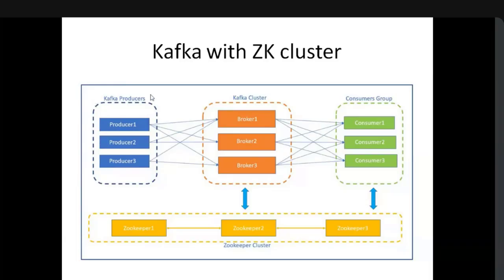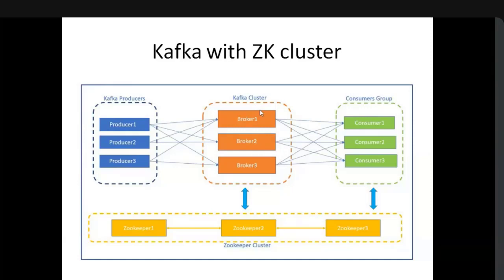Kafka producers will produce the data, that data will go to the Kafka cluster, and on the other side of this cluster we have consumers which will consume the data from the Kafka cluster. So this is fine. Now on the bottom side we can see there is a zookeeper. So basically zookeeper interacts with the Kafka cluster and it interacts with consumers. Zookeeper hardly interacts with the producer because the producer will always be sending data to the Kafka cluster.